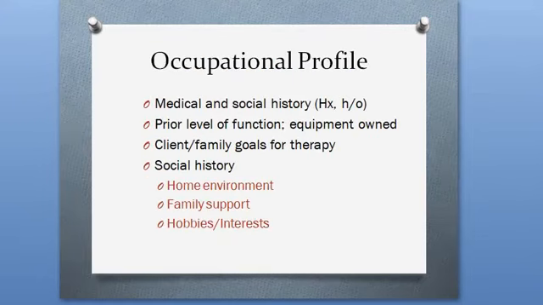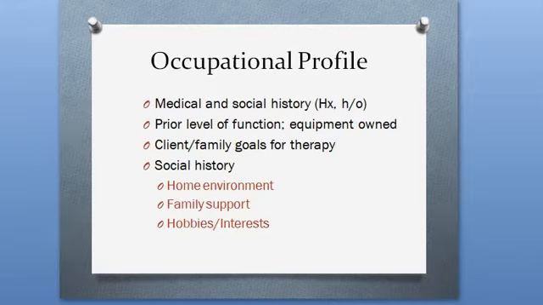So here's the occupational profile. Again, we already talked about this. Medical, social history, prior level of function. Those are those 4 or 5 questions. Who is the client? What are their goals? That's in a prior lecture that we gave you on the second day. Their social history, their hobbies, and their interests. So this isn't necessarily just a 2, 3, 4 paragraph occupational profile that you write, but it's incorporated throughout your evaluation.